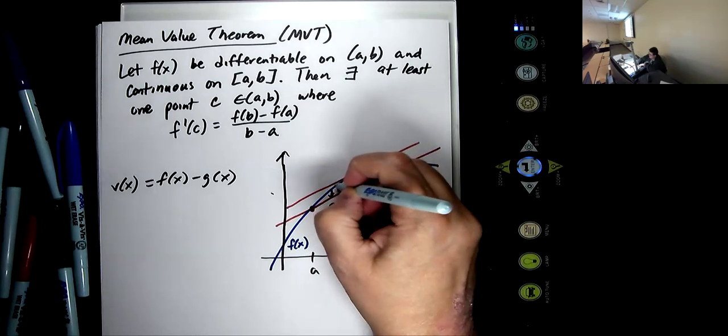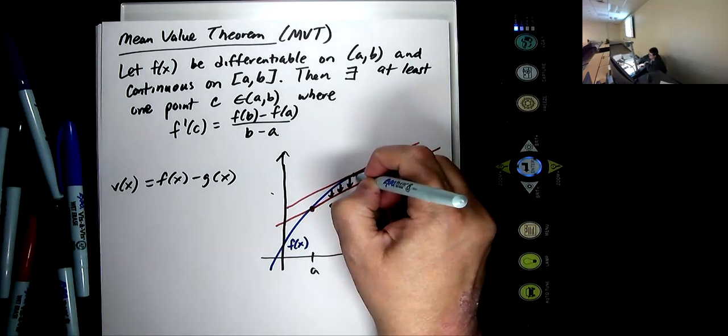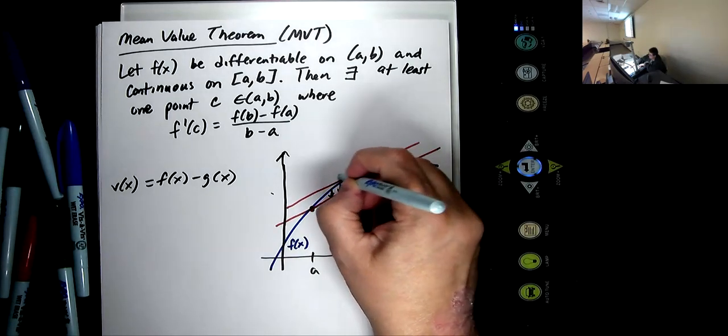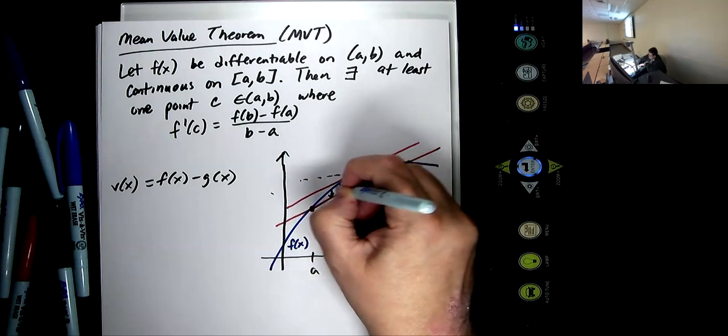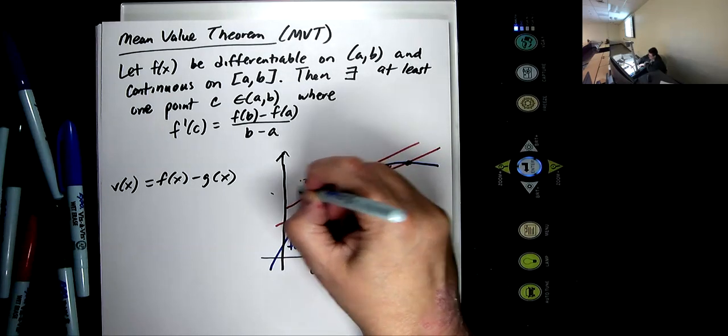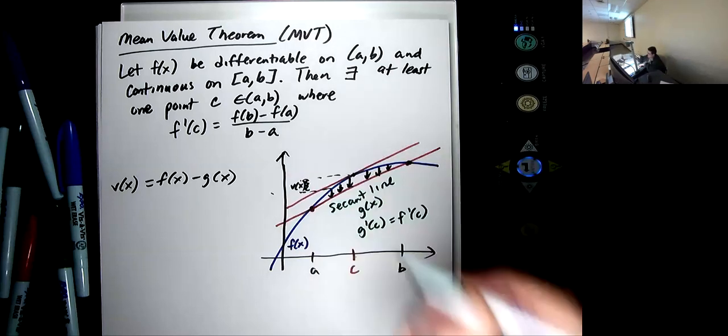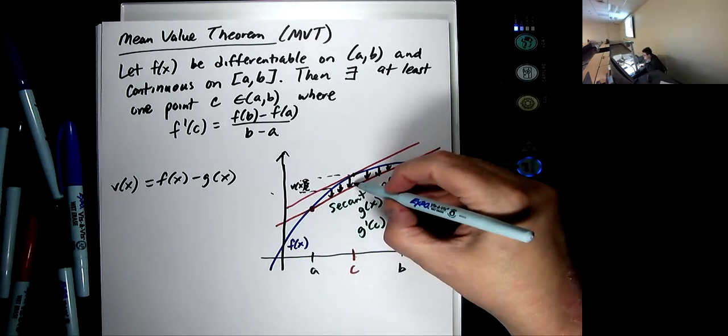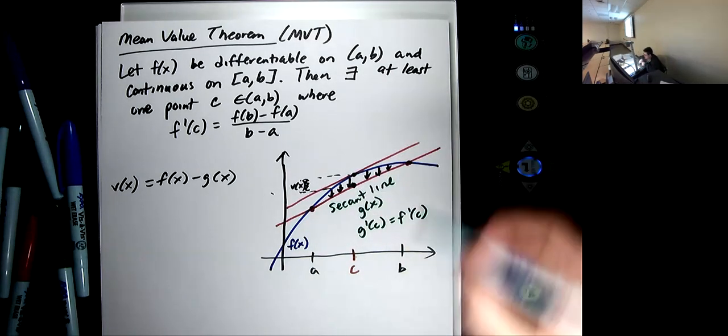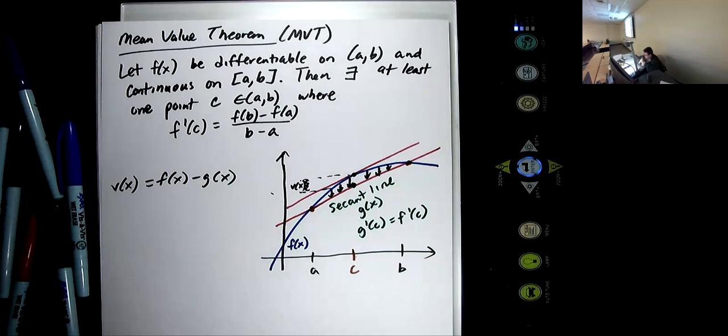So that is v of x. At C, it's right there. But v of x will just track the height difference throughout.